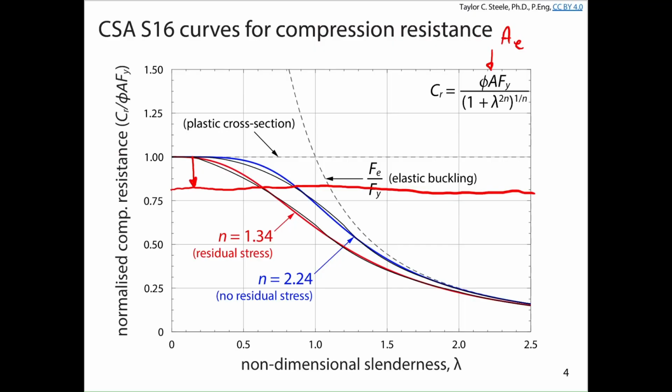And basically what we're going to see is we're going to get something that looks like this, depending on the curve that we're working with. We're basically just shortening this curve so that we reach the AFy term at a slightly lower load. We're going to get that flat line with an effective area. And then we use the same equation to approach that Euler elastic buckling load. And we'll talk a little bit about why that might be.